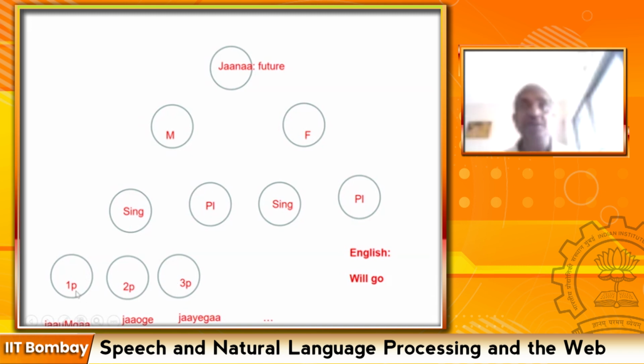Below that it will be aspect. Below that it will be modality. So this way a tree will develop starting from the root, which is nothing but the stem or root of the word. So jana is the stem or the root word. So jana gets transformed for masculine gender, singular number, first person, or masculine gender, singular number, second person, or third person, and so on.